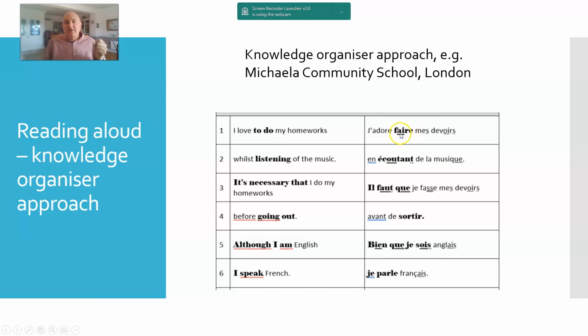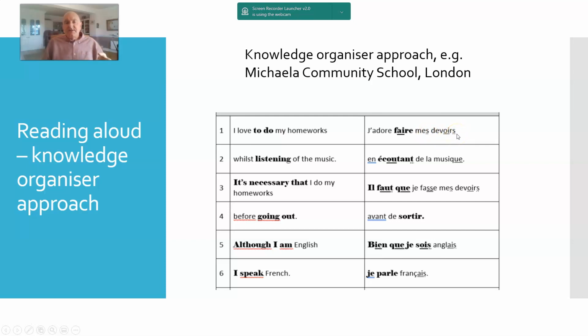So they need to learn that sound is faire. And so anything where there's a potential problem has a coding system. Another one here is OI, which is, to an English learner, likely to be oi, but of course in French it's wa. And then we've got silent letters, which are also indicated there, mes, devoir.